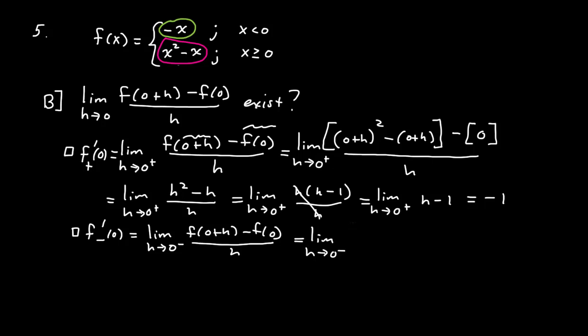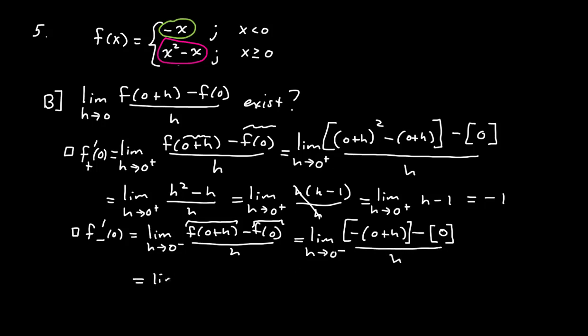Now I need the behavior to the left, so I'm plugging into the green, 0 plus h minus, let's put a bracket to separate the one portion from the other portion. And this doesn't change. f of 0 won't change. f of 0 is always f of 0, which in this case is 0, all over h.